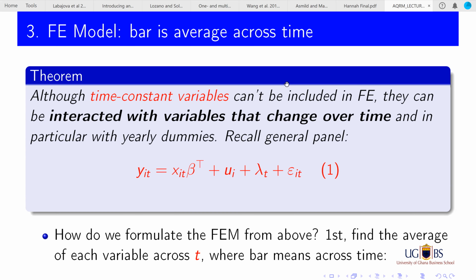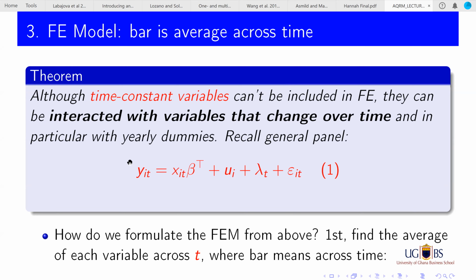So let's say the year is 2005, and this variable is religion, and you have a dummy for religion. You can interact religion with time so that you check whether religion changes over time, and how that will affect the dependent variable.